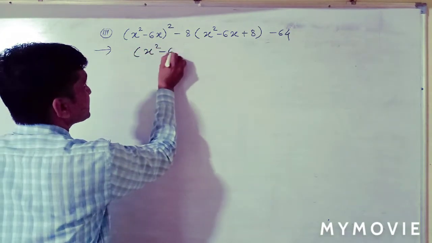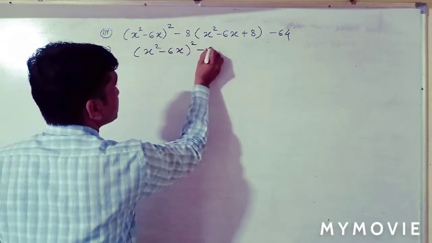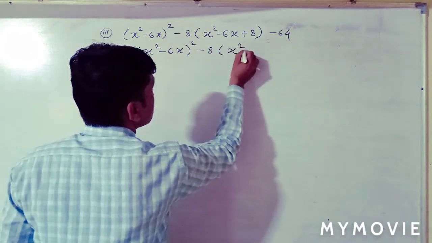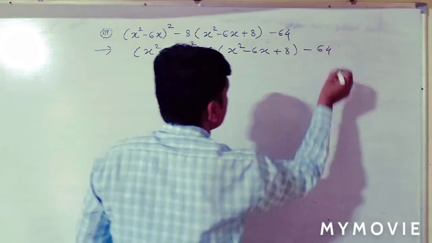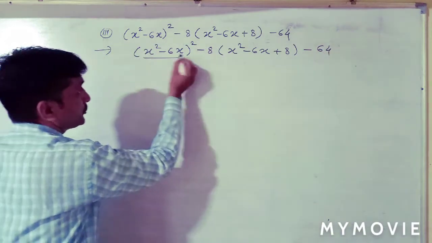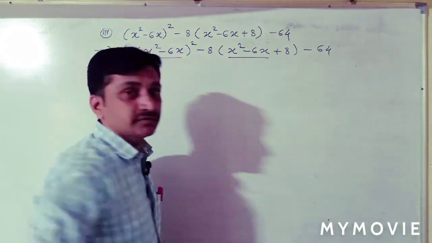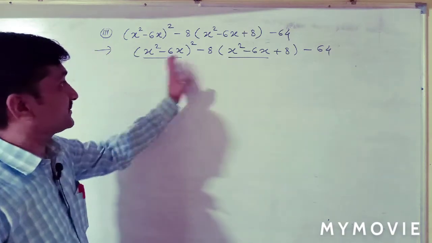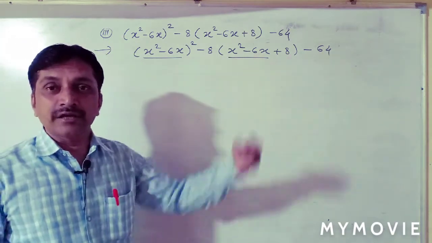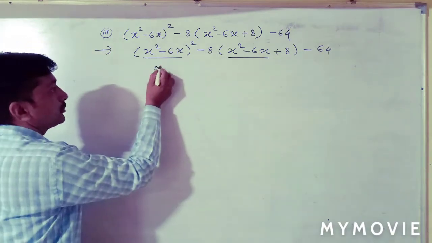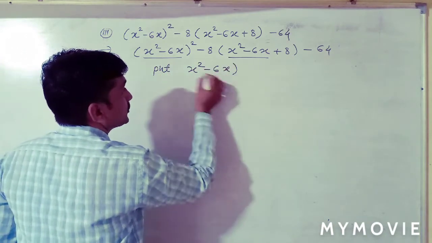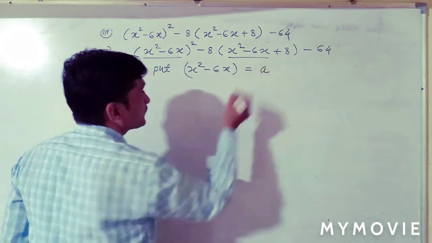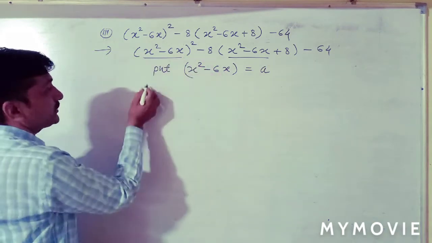(x square minus 6x) bracket square minus 8 in bracket (x square minus 6x plus 8) minus 64. Now if you observe here, these are the same terms, x square minus 6x. Therefore put any other variable there. Put x square minus 6x is equal to a. Then what do we get?